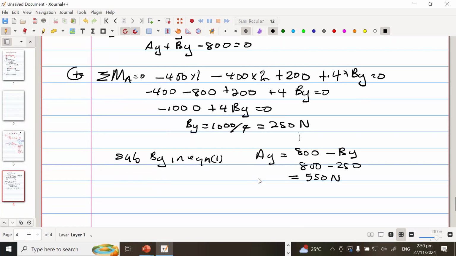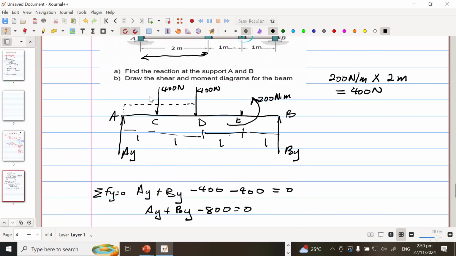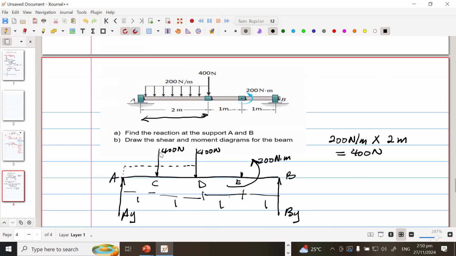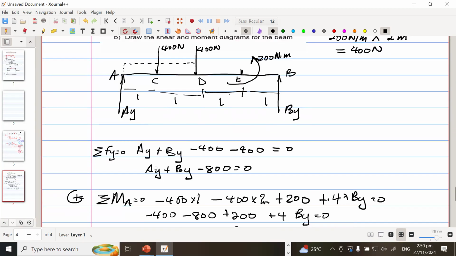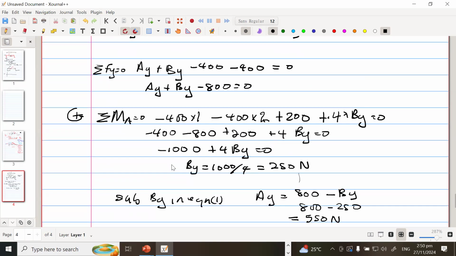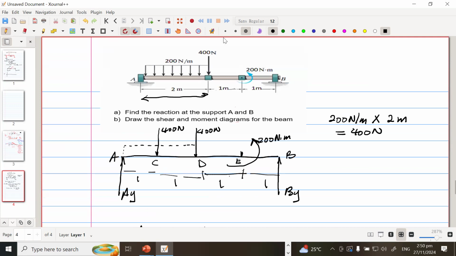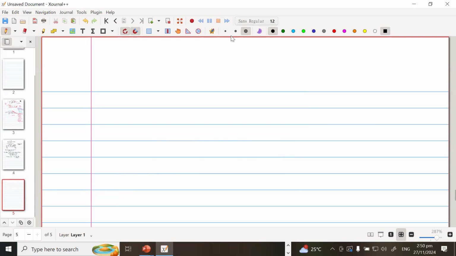Now that we have calculated the reactions, all you're going to do is convert wherever you see the UDL to a point load. Done, simple. Next, we're going to redraw it on a nice fresh page. Let's get a fresh page here. We're going to draw it back again here.